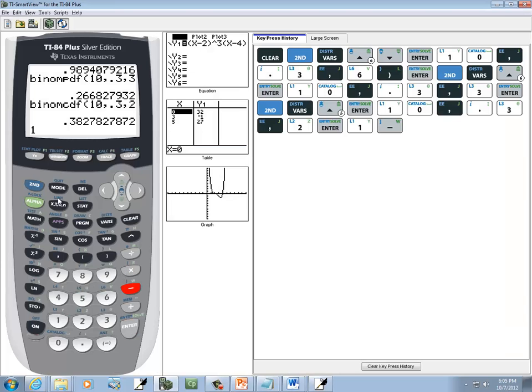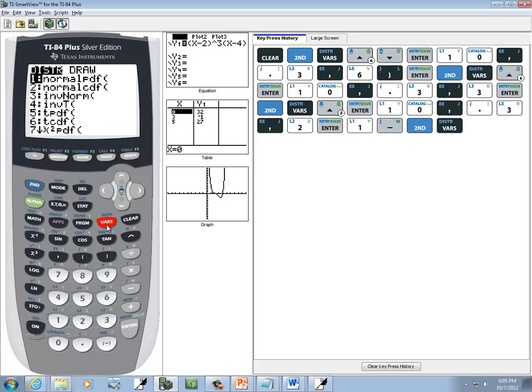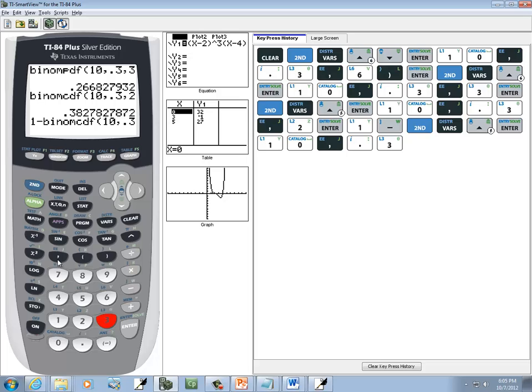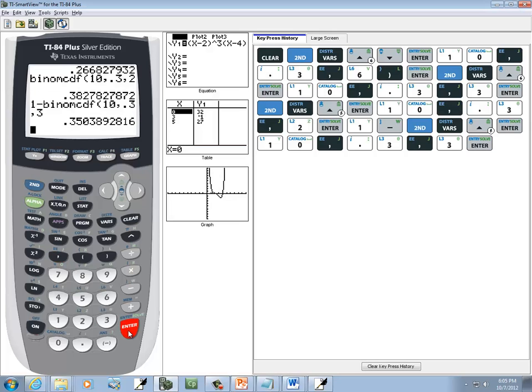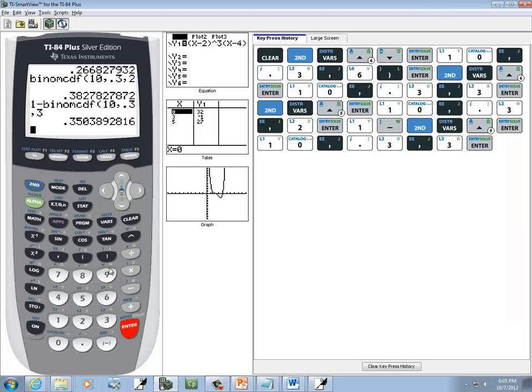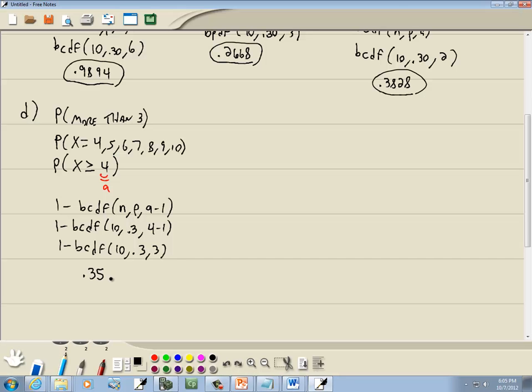So 1 minus second vars, up arrow to binom CDF, 10, comma, 0.3, comma, 3. Enter. And we get 0.3504, rounding to 4 decimal places.